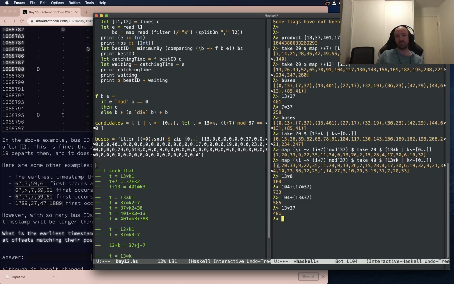So the question is, if I'm here, how many jumps do I need to make before this hits 0? Every jump is jumping me 13. Well, I wish this had been one of the easier problems today.